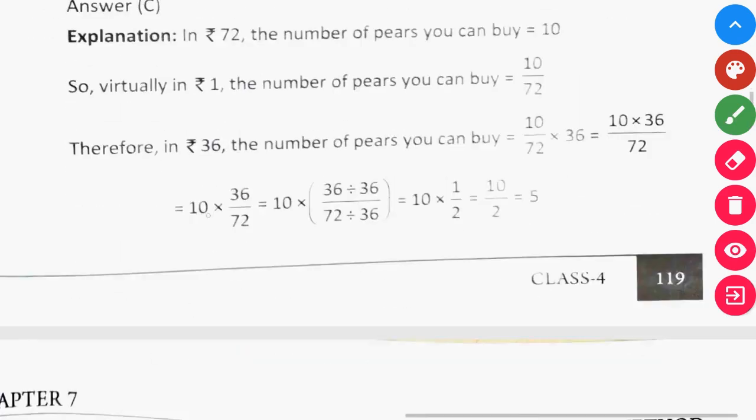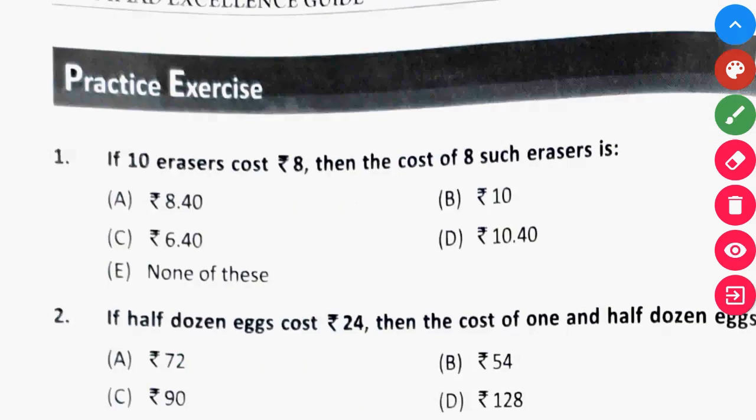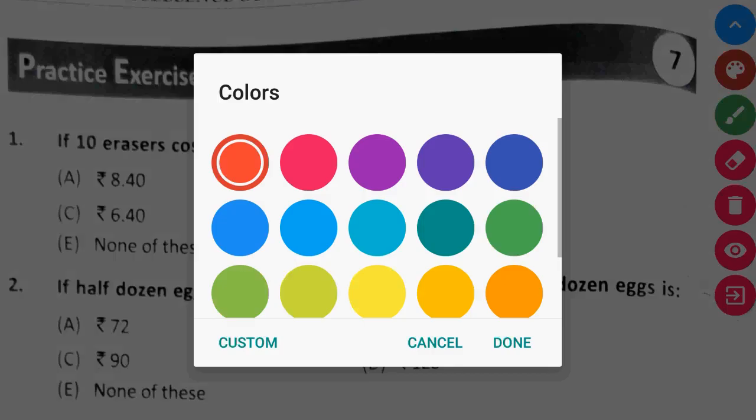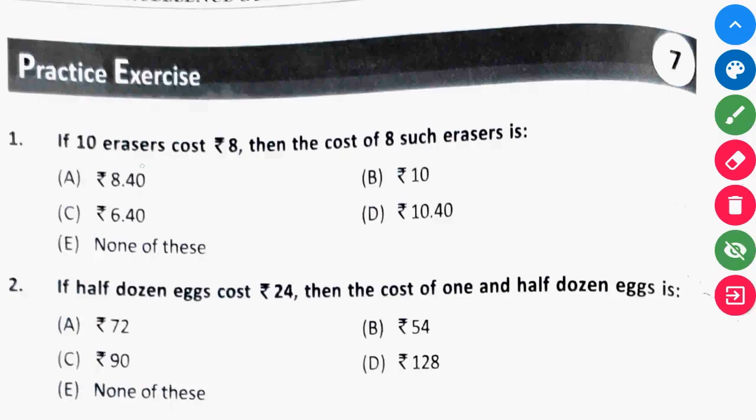Okay. Now the next is our exercise. 2-3 examples from the exercise we will take and then we'll take the leave. The first example is, now you have to solve it. 10 erasers cost 8 rupees.